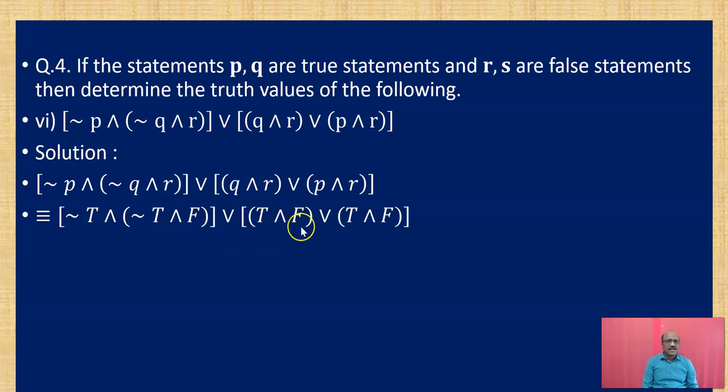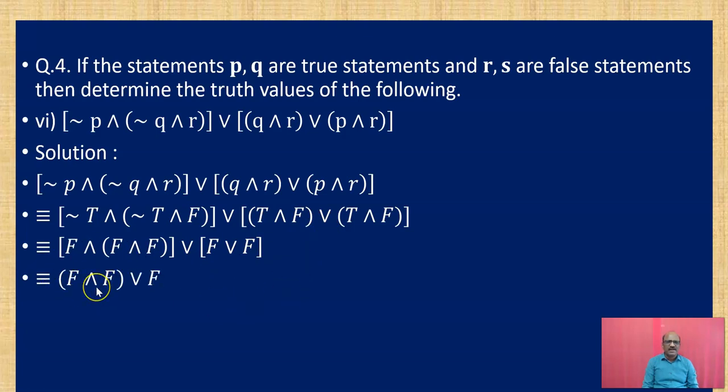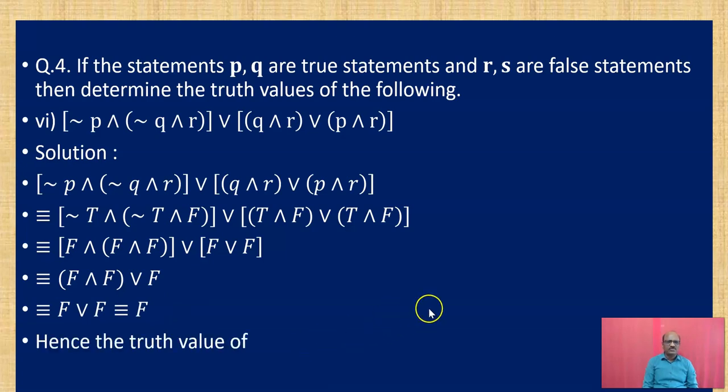Negation of T is F, negation of T is again F, and F, or T and F is F, or again F. F and F or F. F and F is F, F or F is again F. Hence the truth value of the given statement is false.